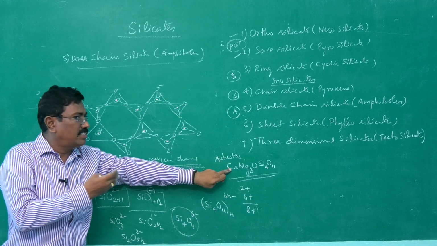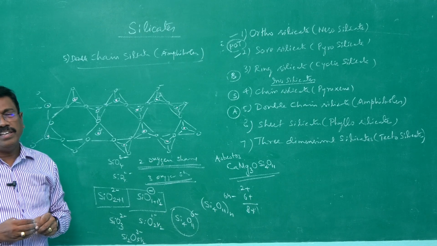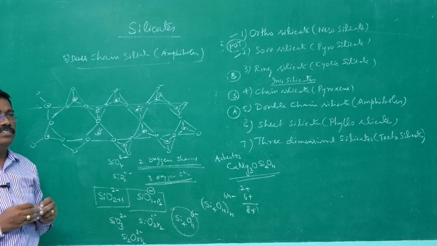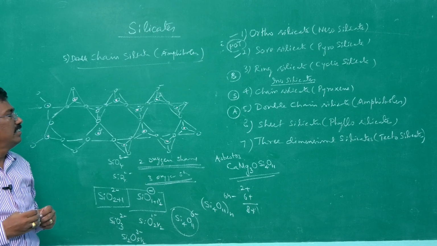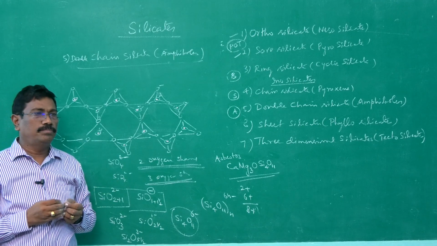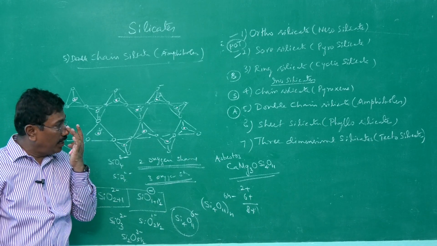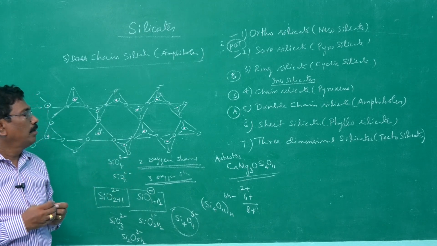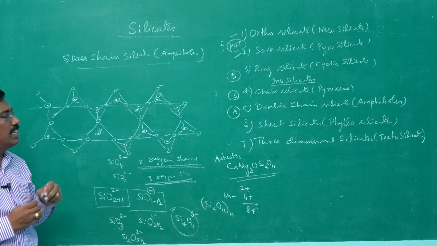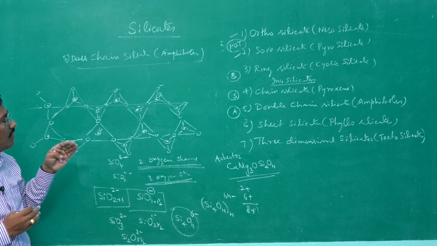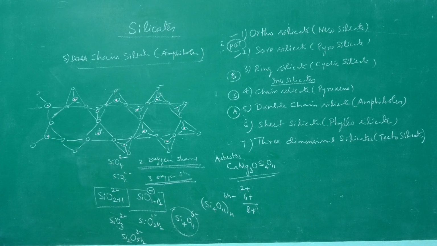The asbestos is highly stable, thermal insulator, not combustible. Therefore, it is used in brake lining, etc. But because of its carcinogenic property, the use is nowadays prevented, and asbestos is not used in so many places. That also we may be knowing.